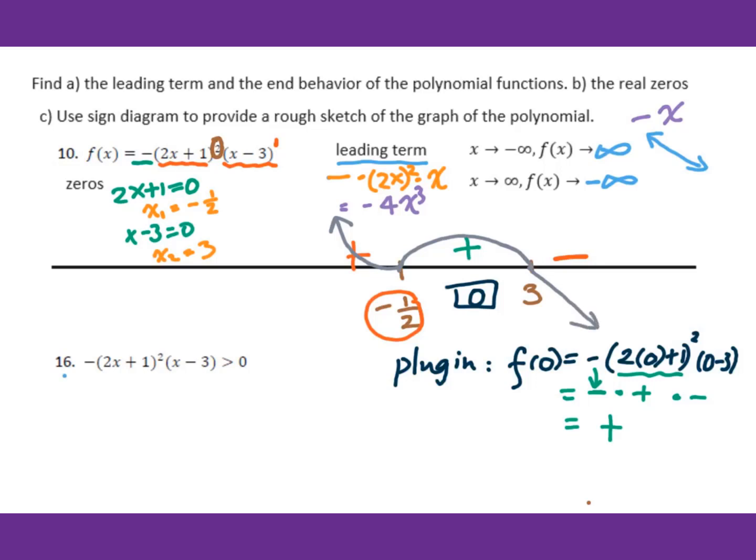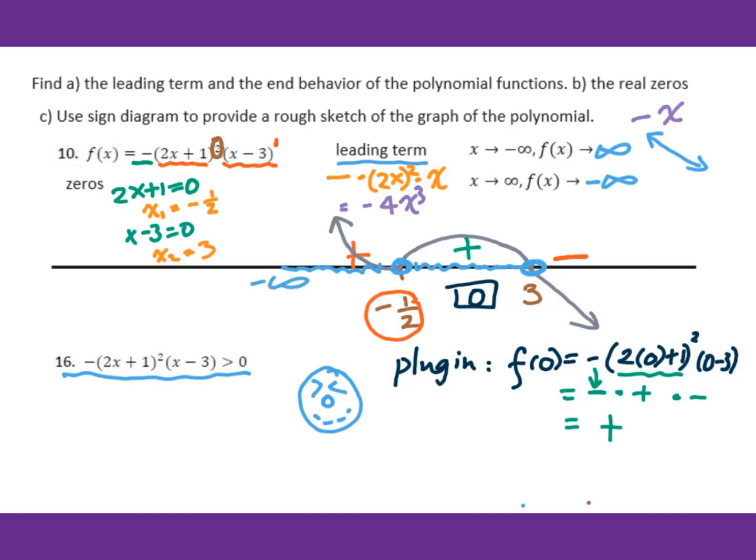Now let's go to number 16. We want to solve greater than 0 for this polynomial. First of all, we decide this is a happy face, greater than or less than, open circle and a dotted line. This is a number line, so open circle here, open circle here. Since we're looking for positive, therefore, it's this interval and also this interval.